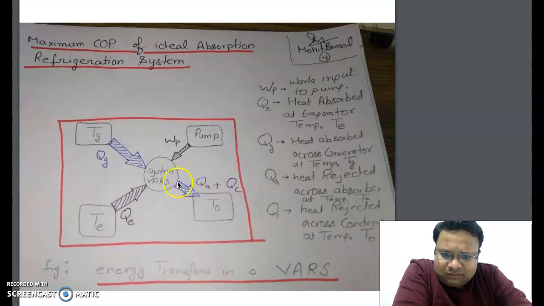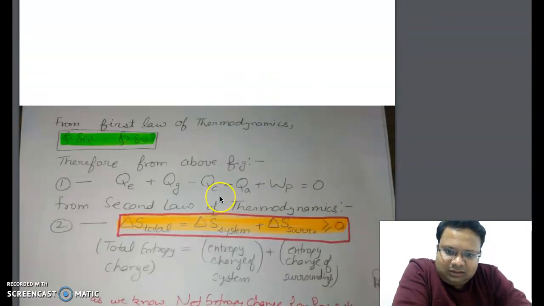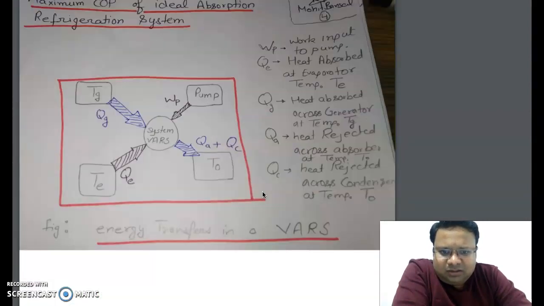The heat going out of the system is QC in the condenser and QA in the absorber at temperature TO. So we have shown here minus QC, heat going out from the system, and minus QA in the absorber, plus WP, work done on the system.